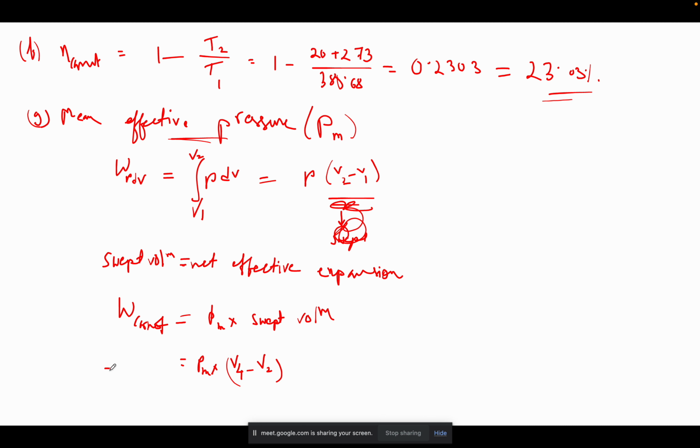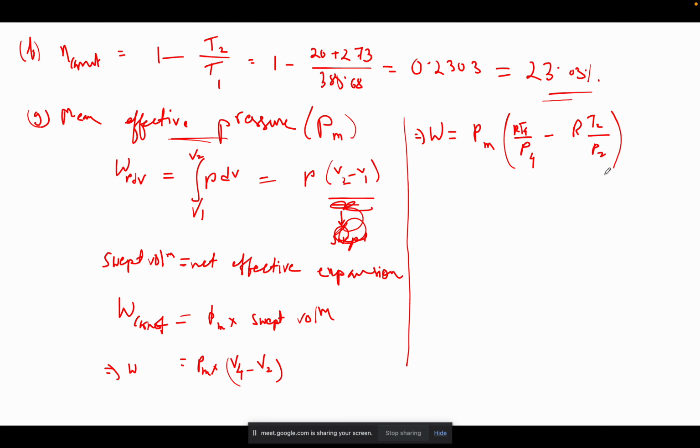We know the work output for one cycle, we have to calculate PM, my mean effective pressure, and we don't know V4 and V2, but we can calculate them. V4 is basically R T4 by P4, and V2 is R T2 by P2, from the simple ideal gas equation.